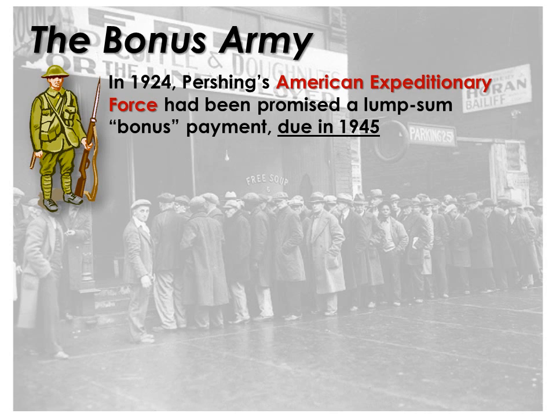You will recall that in 1917, John J. Pershing had helped to train the American Expeditionary Force, and they had gone over to France and more or less broken the stalemate on the Western Front, which led to a victory in World War I, an Allied victory. Well, in 1924, Congress, in gratitude to the AEF, met and approved a bonus payment that was to be collected by each of the doughboys in 1945.